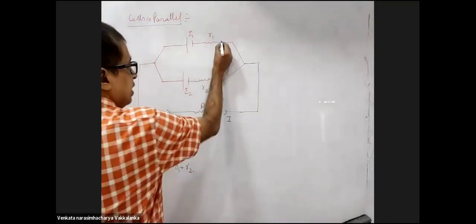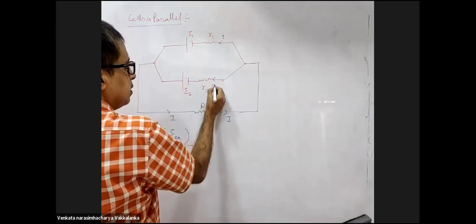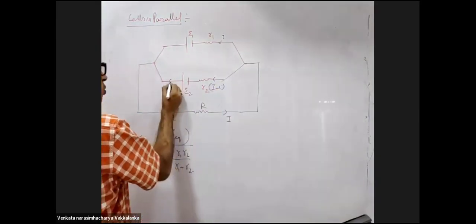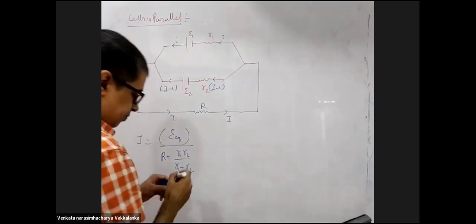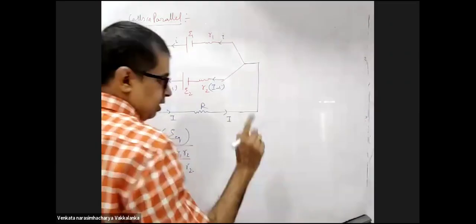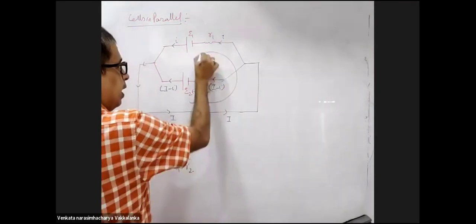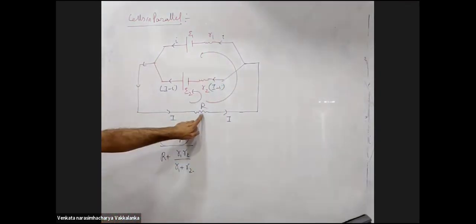So now they applied KVL. This was small I, this was capital I minus small I, and I get back I. They applied KVL to which two loops? This loop and this loop.